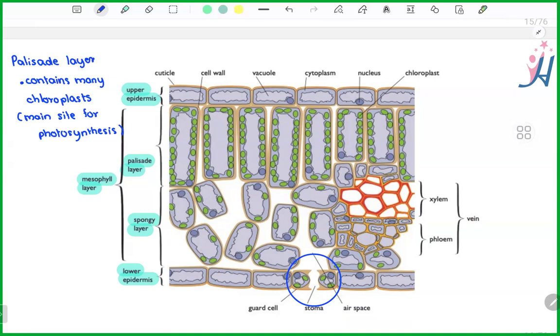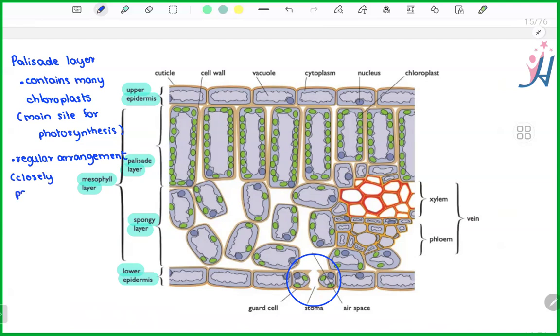Another thing you can see is that the palisade layer has a rectangular, regular arrangement, meaning the cells are in a regular arrangement and closely packed together.